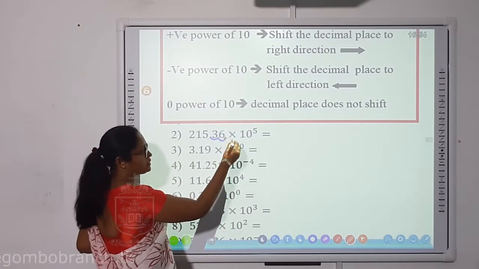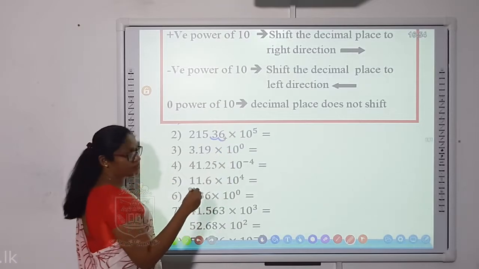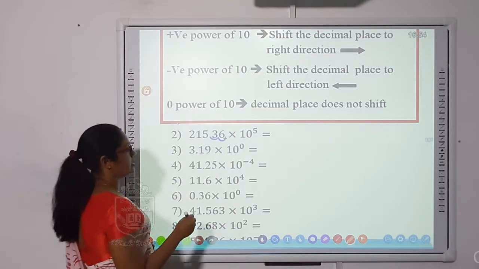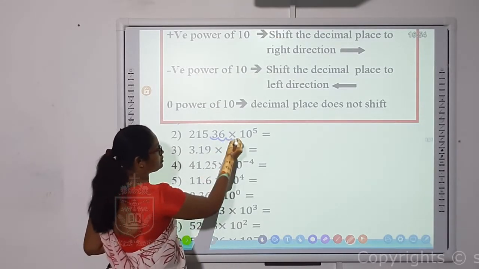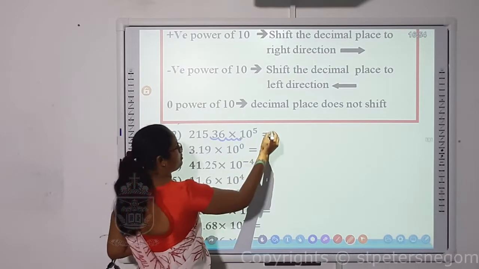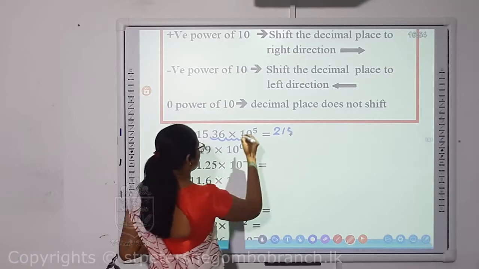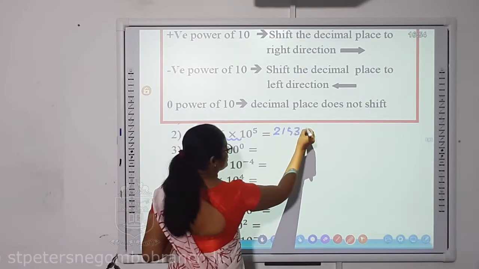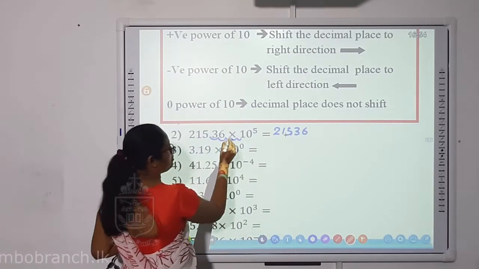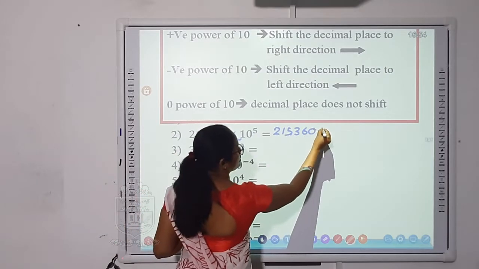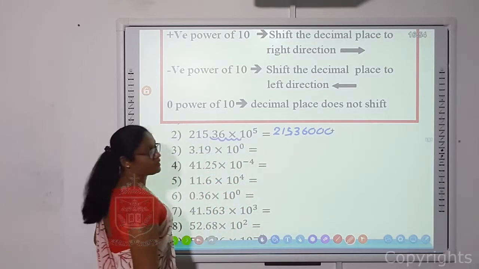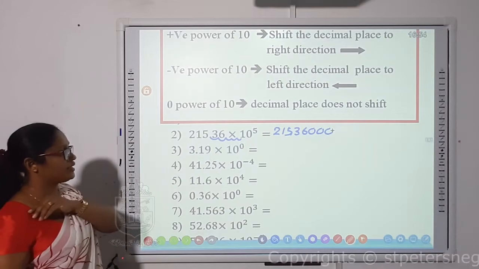Now 3 more places. For the balance, 3 more places you can put zeros. 1, 2, 3. So the number will be 2, 1, 5, 3, 6, 3 more zeros, 1, 2. So this is the answer of this simplification.